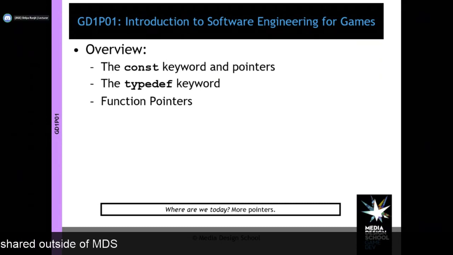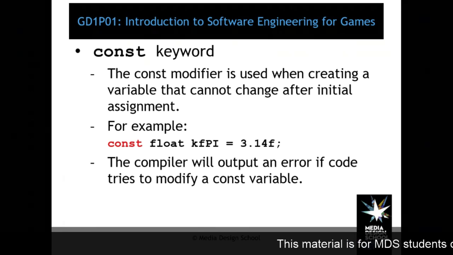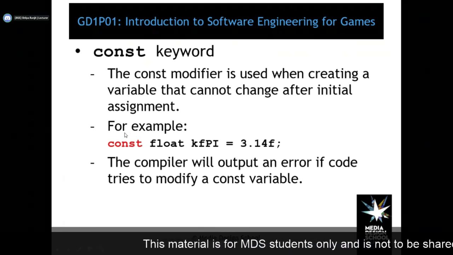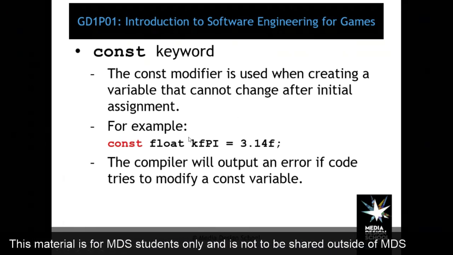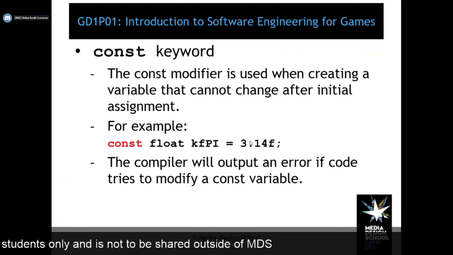We'll also be discussing what typedef means and something called function pointers. This is how you would define any normal constant variable: you give a const keyword before the data type, before the declaration of the variable.